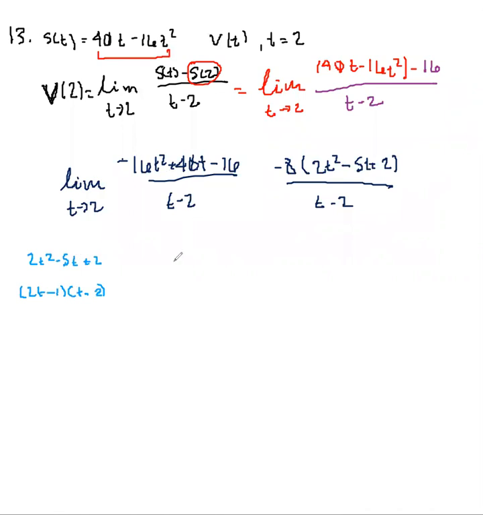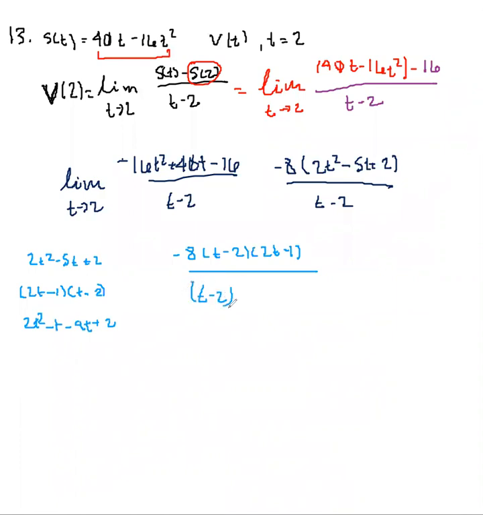So we'll end up with negative 8 times t minus 2 times 2t minus 1, over t minus 2. That's right, right? Sweet.